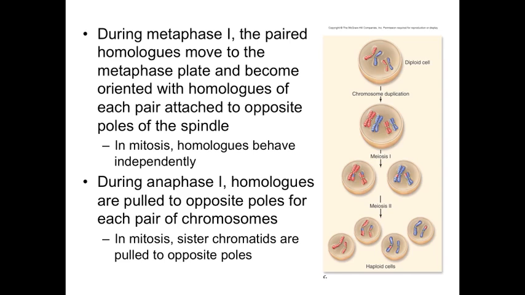During anaphase, these homologs are pulled to the opposite poles. That is, the homologous pairs are separated. In mitosis, remember the sister chromatids were what were pulled to the opposite poles. And so in metaphase of mitosis, we separate sister chromatids, whereas in metaphase of meiosis, we separate homologous chromosomes, replicated homologous chromosomes, to be more specific.